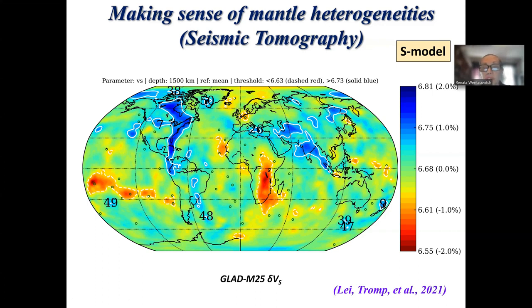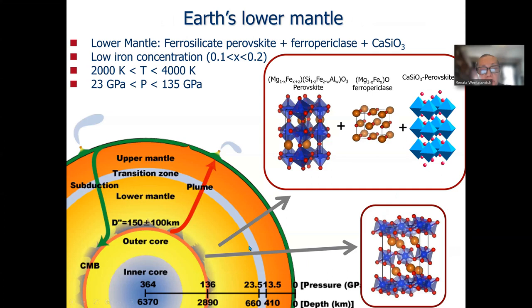And as you will see, there is a great deal of success in understanding these velocity maps, despite all the uncertainty in chemical composition, temperatures, etc. Okay, so this is the region that I'm trying to analyze. It's the lower mantle from 23 GPa to 136 GPa, 2 to 4,000 Kelvin temperature. And this is the lower mantle.